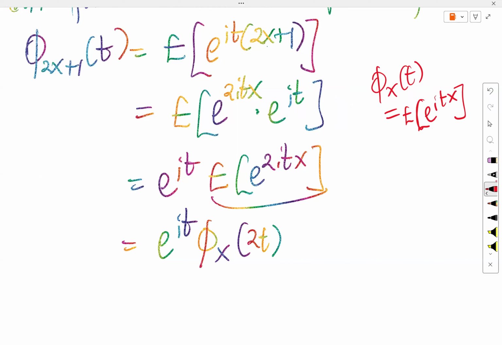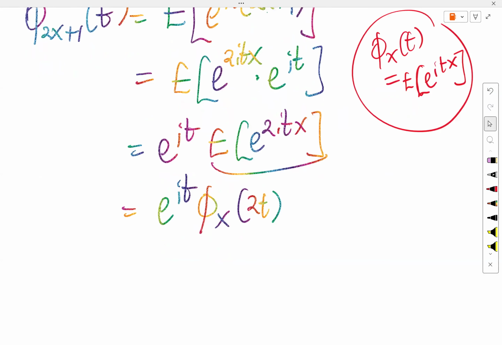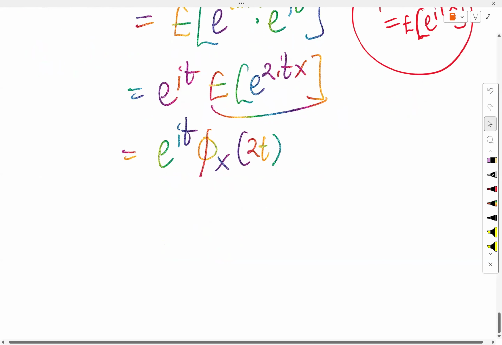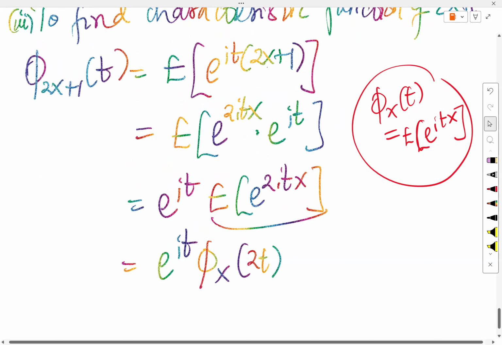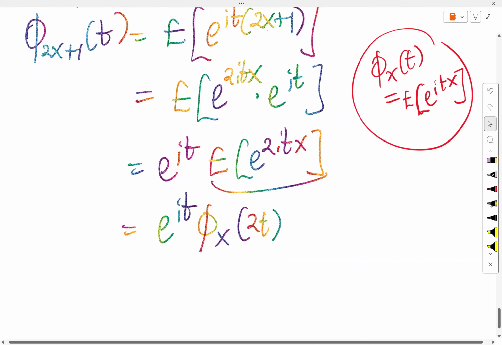So having 2 now, this simply draws down to this. So that's the idea we are bringing there.